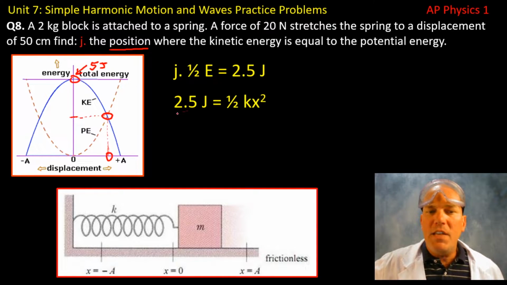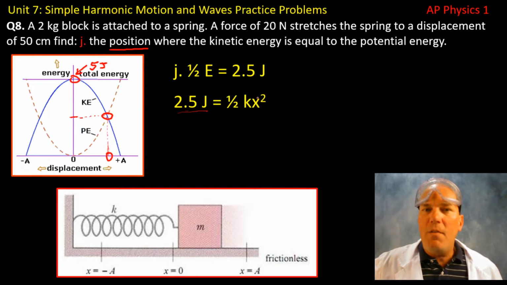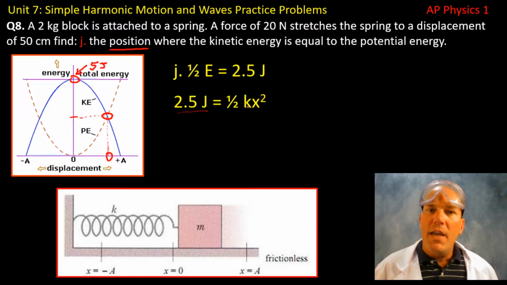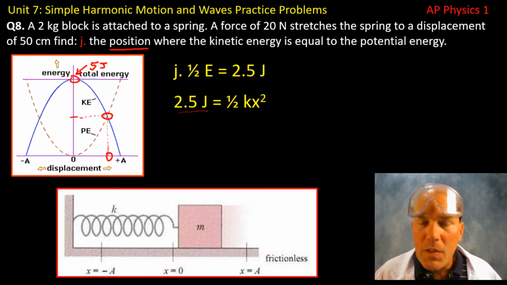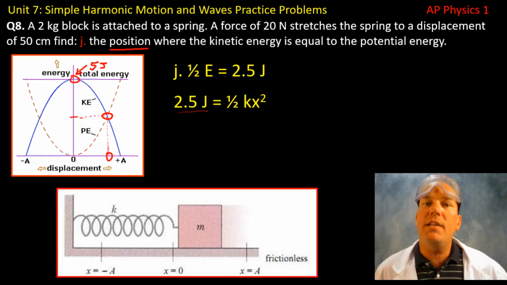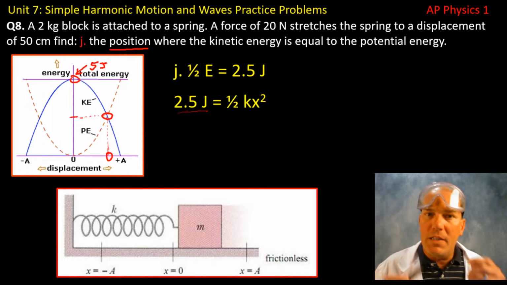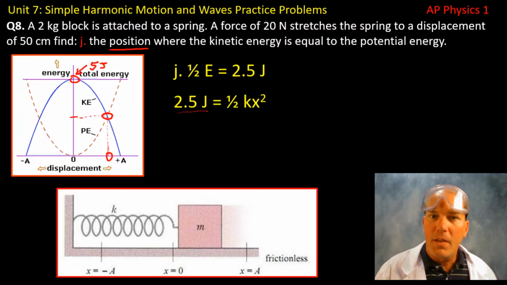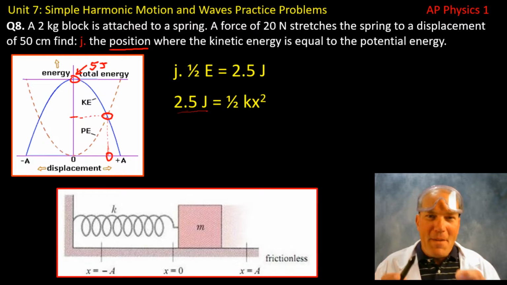We have this in joules, and we're going to be solving for x, and x is squared. So it's an exponential relationship. So we're going to be taking the square root ultimately to solve for x. That should make some sense after coming this far through the course.